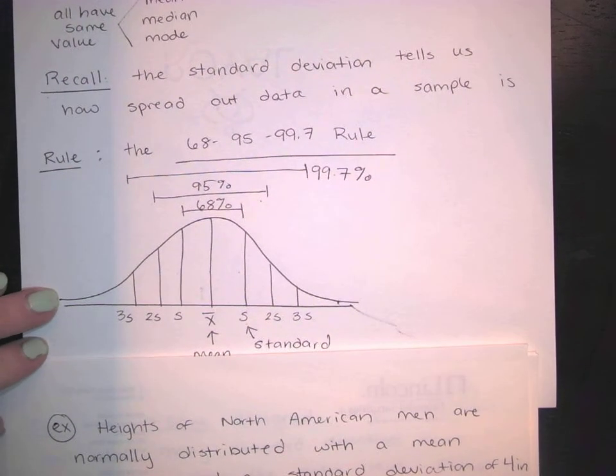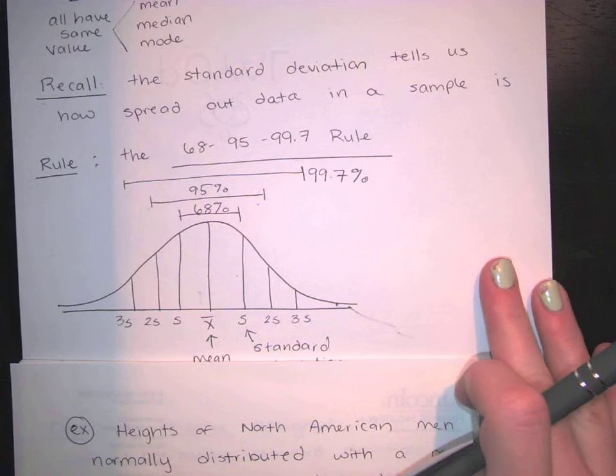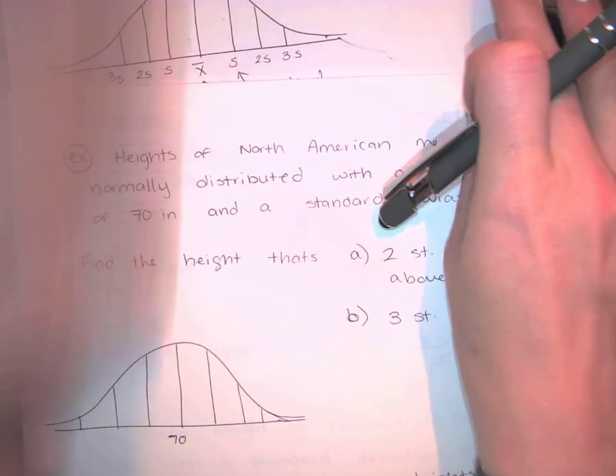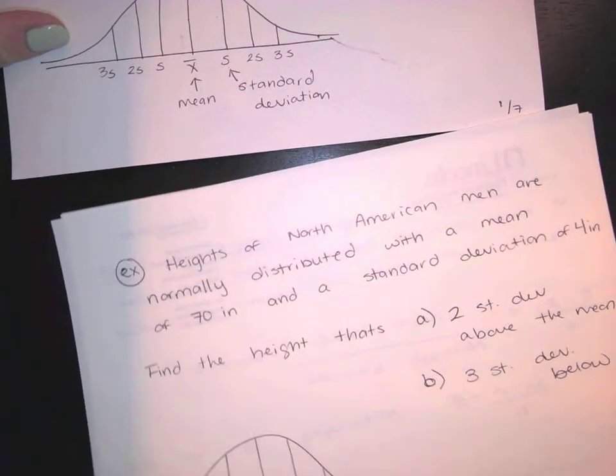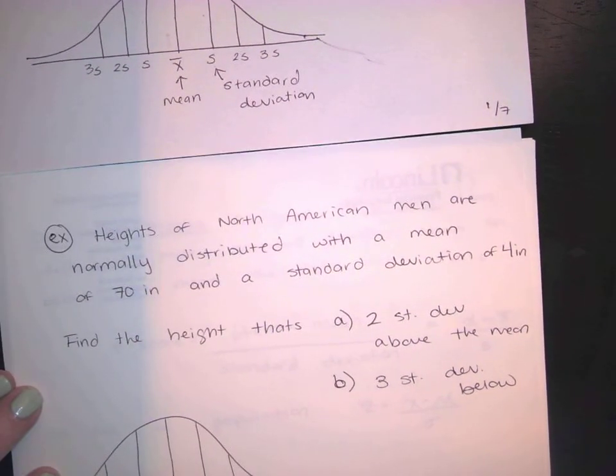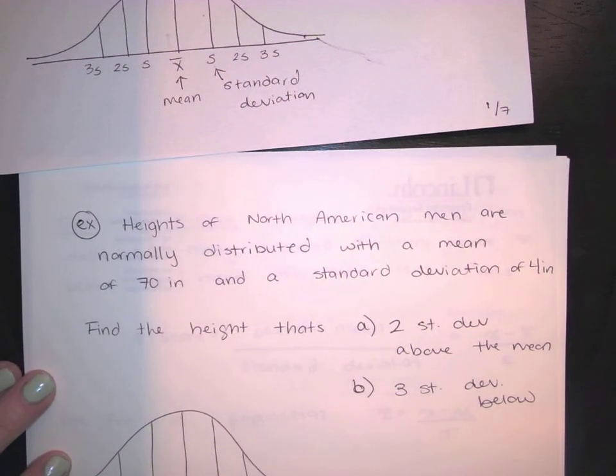Let's look at an example. Heights of North American men are normally distributed with a mean of 70 inches and a standard deviation of 4 inches.